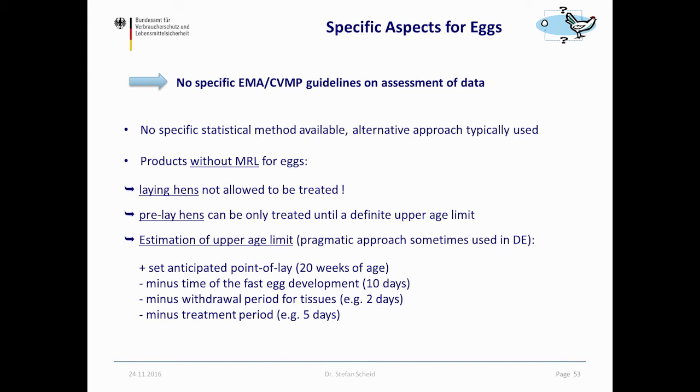If not, you won't be allowed to use this on replacement layer hens. I think that's what is going to be stated on the SPC. Okay, so maybe they can use this kind of rule of thumb to calculate a safe period of time. But again, I guess the applicant shouldn't have to justify this.